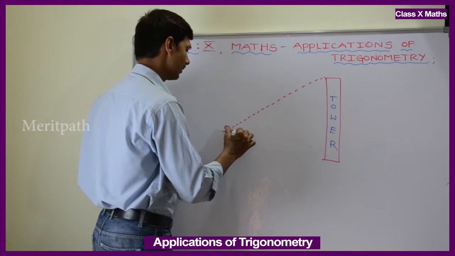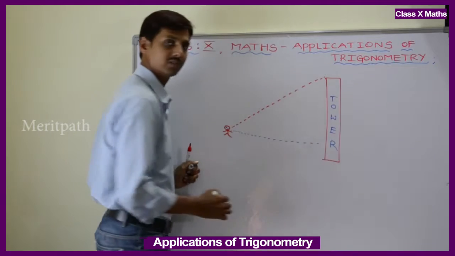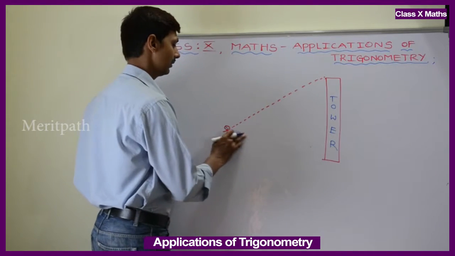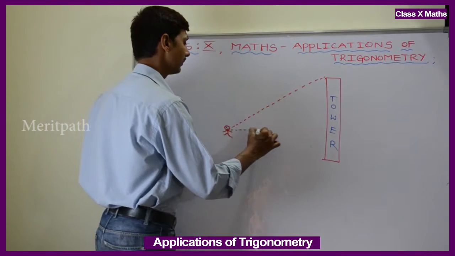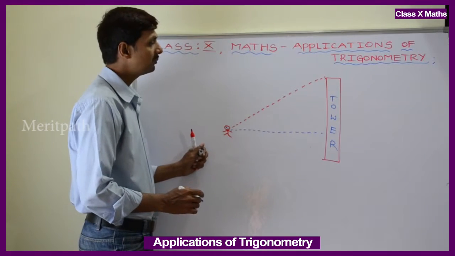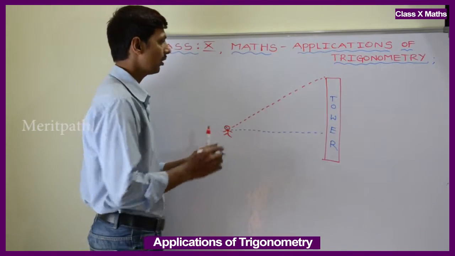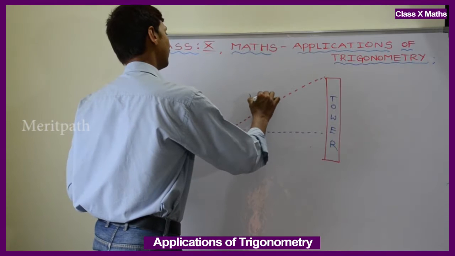Eyesight is straight like this. So when he is observing the object above his eyesight, this is called the line of sight.